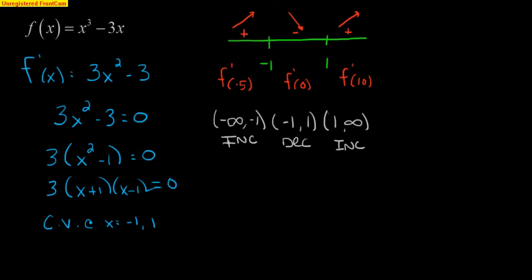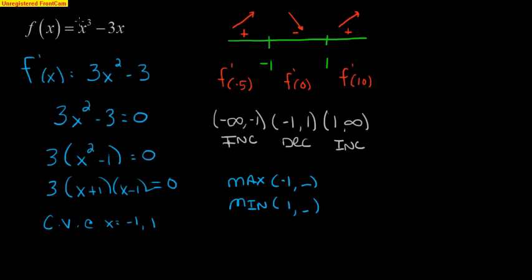And now the first derivative test tells me, since I'm going from increasing to decreasing, that I'm going to have a max at -1 comma something, and that from decreasing to increasing, I'm going to have a min at 1 comma something. I have to make sure that anytime I need a y value, I go back to the original function.